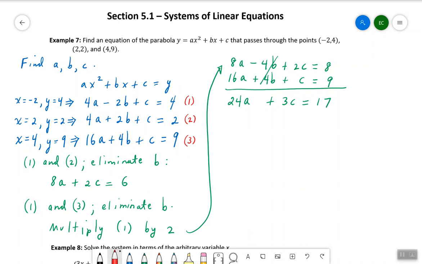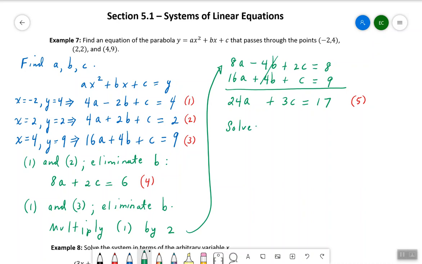Okay, so let's go back and call this equation number 4 with just a and c, and now this is equation 5, also just with a and c. And so then we're just going to solve the 2x2 system now with equations 4 and 5.